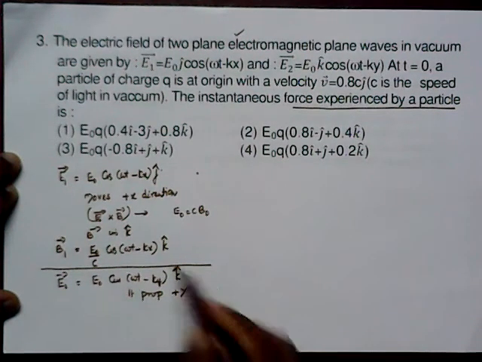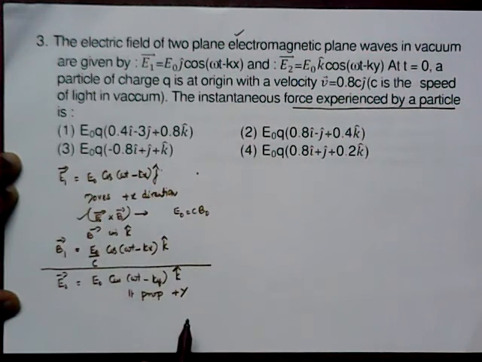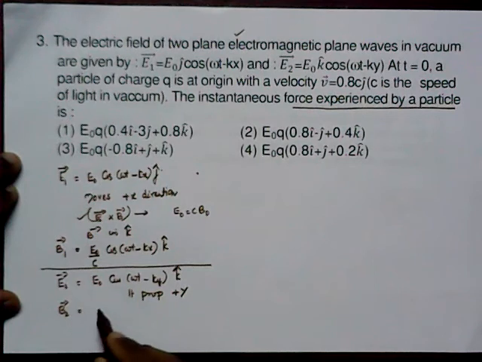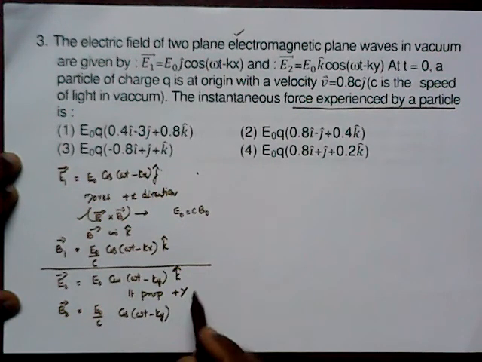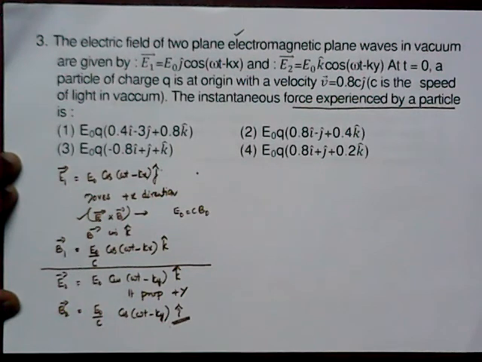And again, by using the concept that E cross B will give the direction, we can find the value of B2. So that is equal to its B0 value, E0 by c into cos(omega t minus ky). The argument remains the same as that of the electric field, into i cap. That is a very important concept.